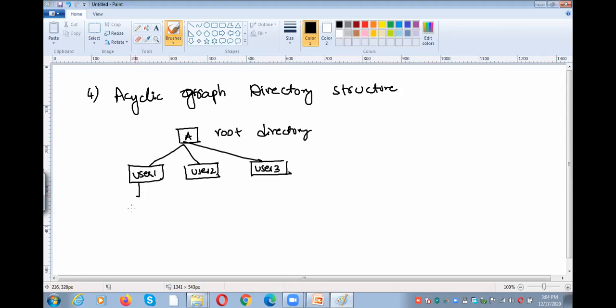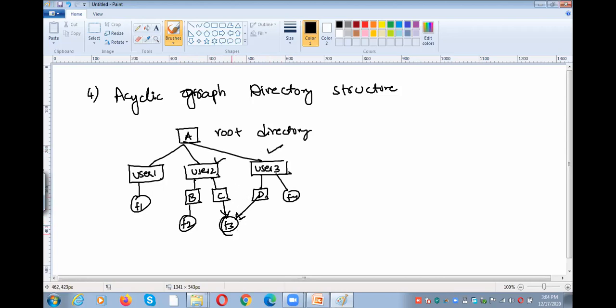Right? So user one has file one, and user two has a subdirectory, maybe B, and user two has another subdirectory C, and user 3 has a subdirectory D. Under it has F2, and next under this we have F3, and here we have maybe F4. So we observe here the F3 file is shareable to both user 2 and user 3.